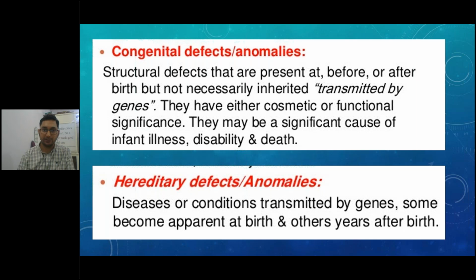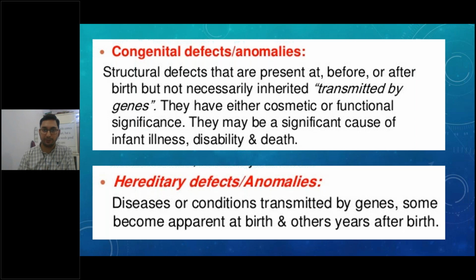It is not necessarily inherited or transmitted by genes. It does not run in families. If it is present in a child, it will remain with that child. It will not move to the next generation, and it wasn't present in the parental generation. It was first seen in that child, during the birth of the child.